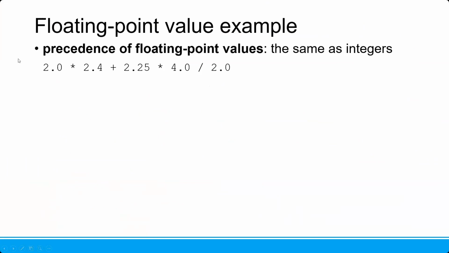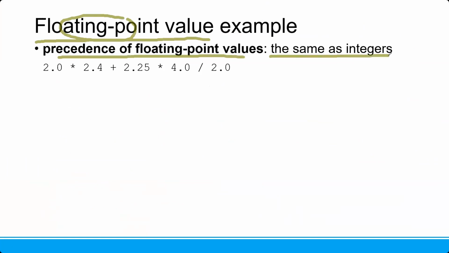Now, we learned only about integers. What if we have floating point values? Do you know what floating point is? It is numbers with a decimal point.